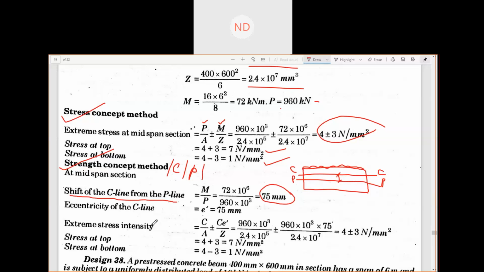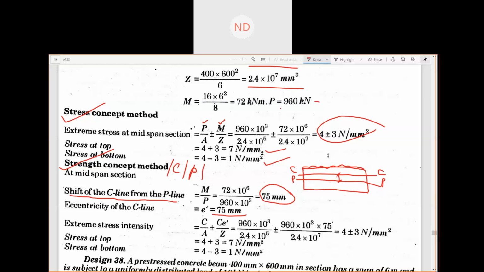So this is your eccentricity, 75 mm from the CG, not from P. Since P is coinciding with the CG, you may think it is an eccentricity with P. But mind it, we will find out the eccentricity of the C line with the CG, and this is your CG now according to this question, and also the P line.